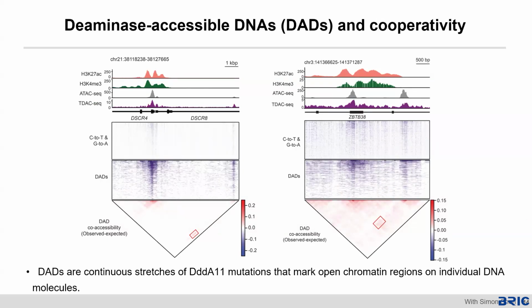So you can see that the DAD positions align well with the aggregate TDAC-seq and ATAC-seq signals. And from those DADs, we observed that nearby distal TDAC-seq accessible sites often appear open together on the same DNA molecules. So this highlights the power of using long-read sequencing to detect the co-accessibility between distal accessible sites.